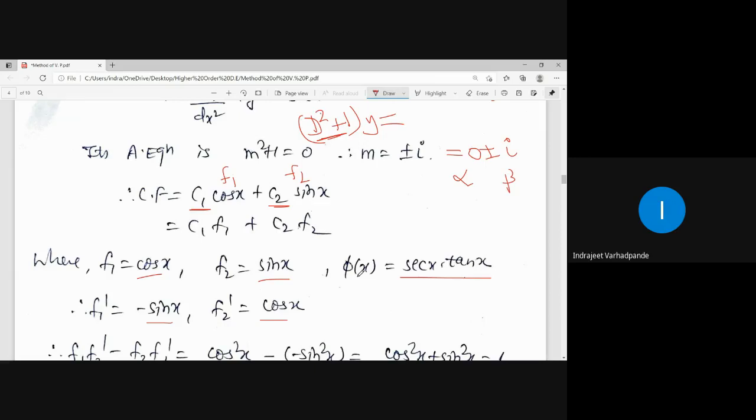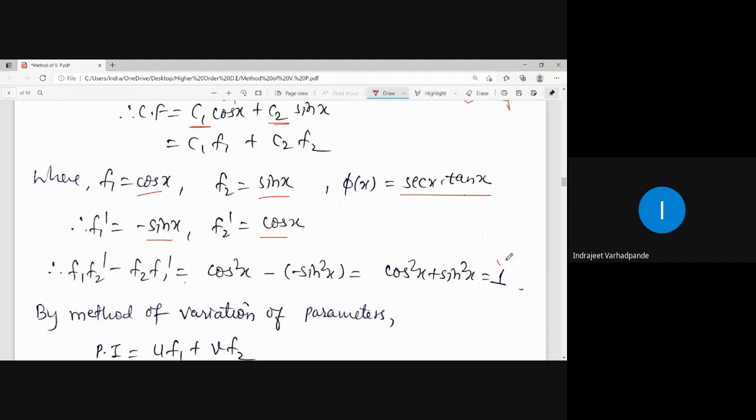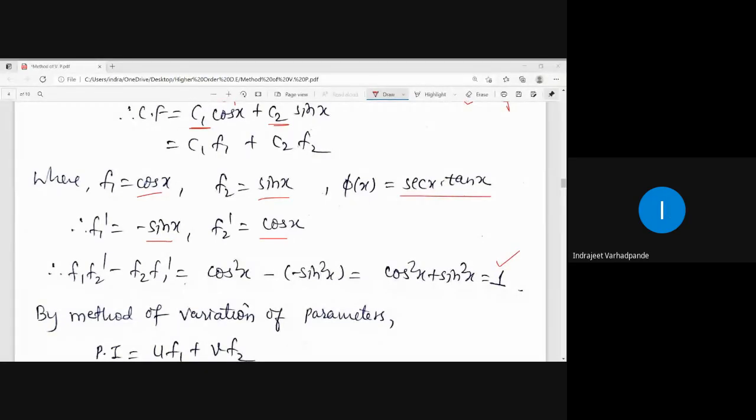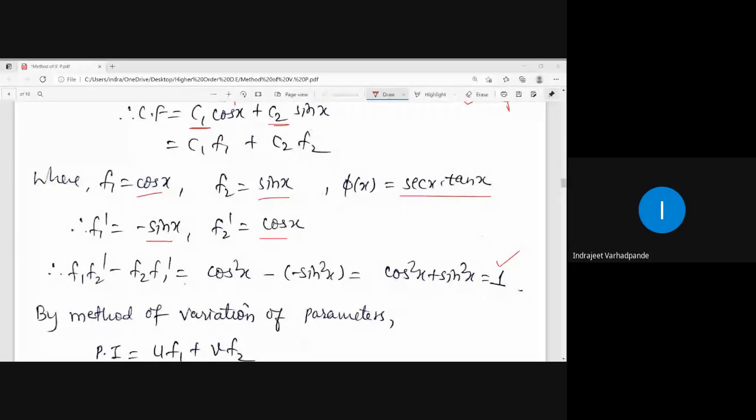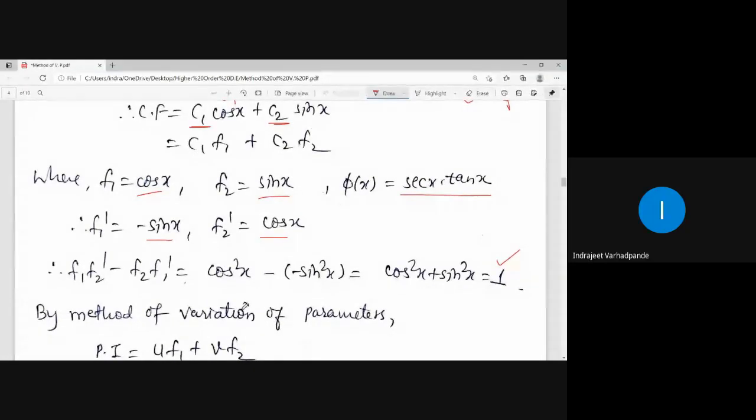Wronskian is cos square x plus sin square x, that comes out to be 1. This is denoted by W, Wronskian, where W is F1 F2 dash minus F2 F1 dash, cos square x plus sin square x is 1.